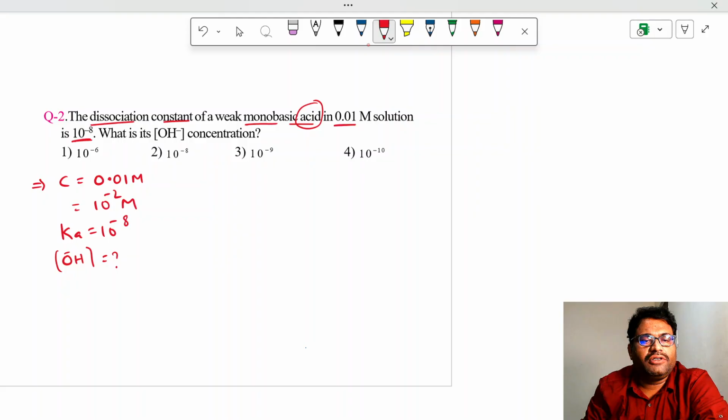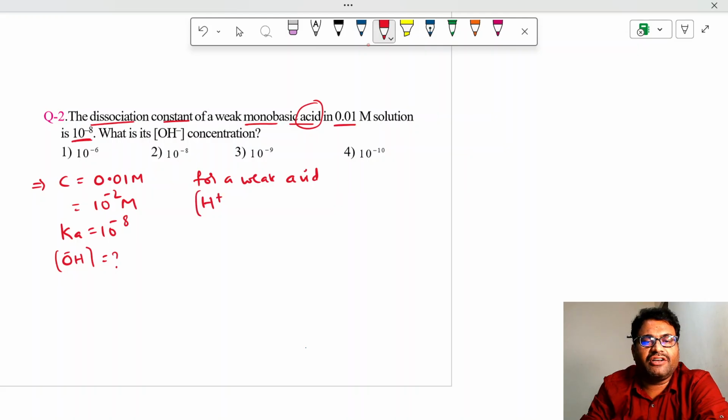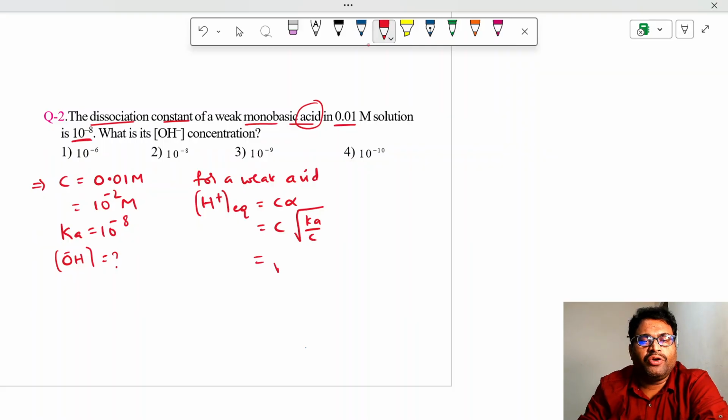We know that for a weak acid, the H plus ion concentration at equilibrium is equal to C alpha, and C into alpha is equal to root Ka into C, because alpha is equal to root Ka by C. This we already know.